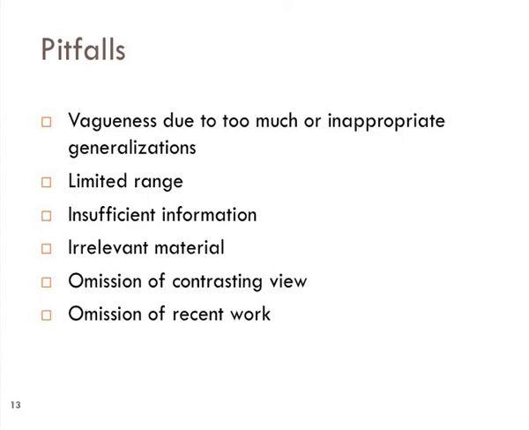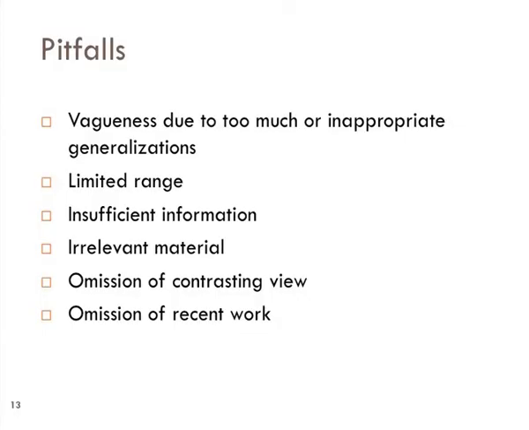And some of the pitfalls in writing the review of literature, which I have already mentioned earlier, are vagueness due to too much or inappropriate generalization. When you are putting any statement or any points, you are responsible for even a comma and full stop. So, if you sweepingly say that COVID-19 everybody has suffered, no, you cannot say that.